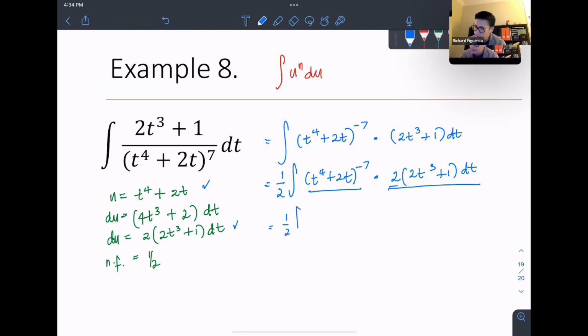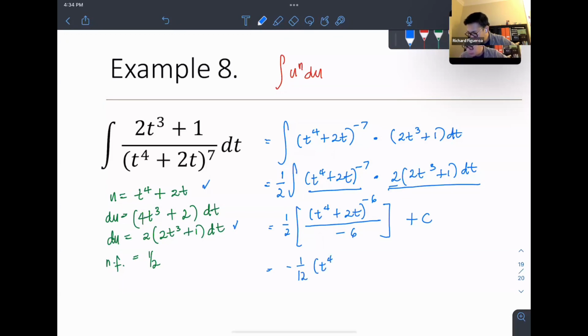So 1/2, then t to the 4th plus 2t, so -7 plus 1, -6 over -6 plus c. So 1/2 times -1/6, it's -1 all over 12.